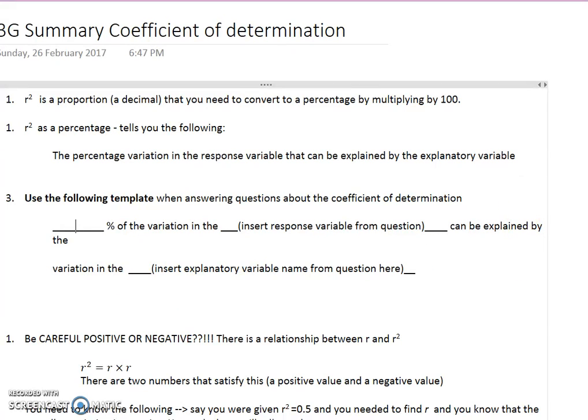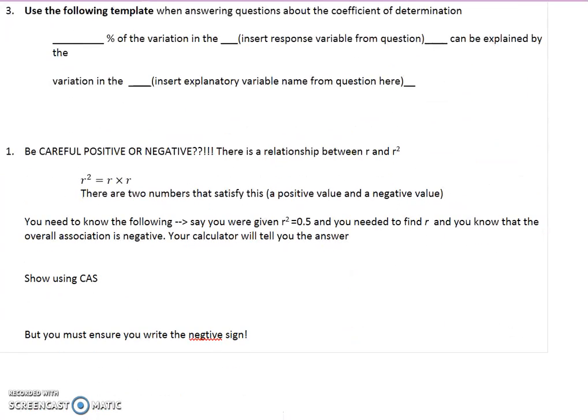Okay, and then you have to be careful. If you're given your R squared value, there's two numbers that satisfy that equation. Say R squared equaled 4. It can't be 4 because R is going to be between -1 and 1, but just say it was for the moment.